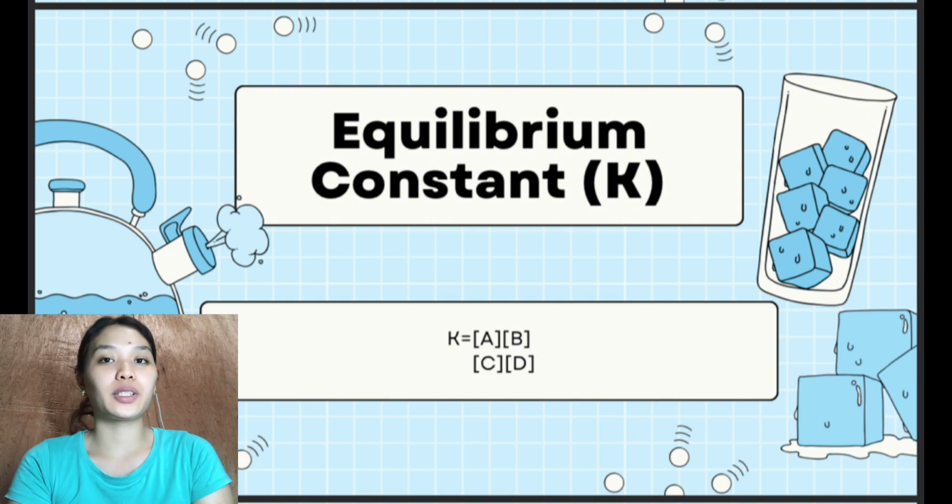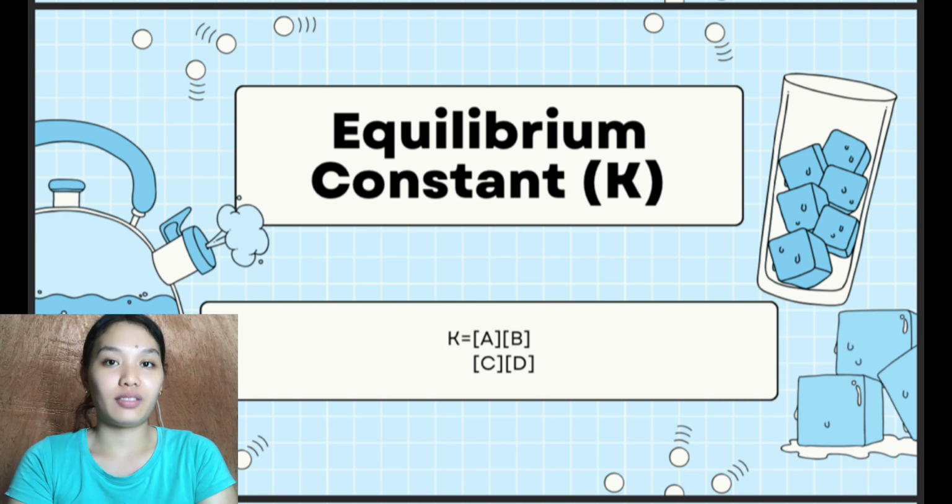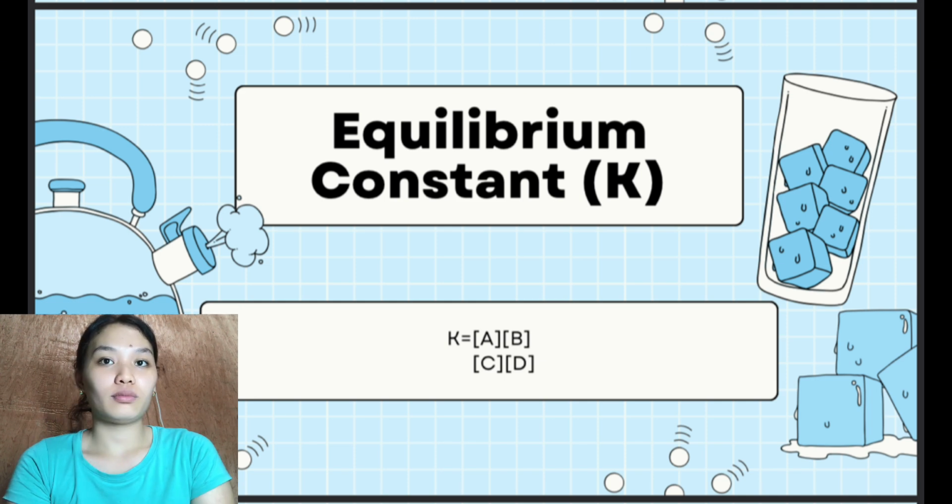So the equilibrium constant is a numerical value expressing the ratio of concentrations of products to reactants at equilibrium for a particular reaction at a given temperature.